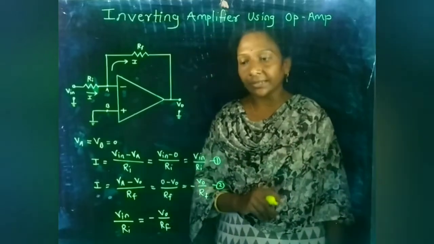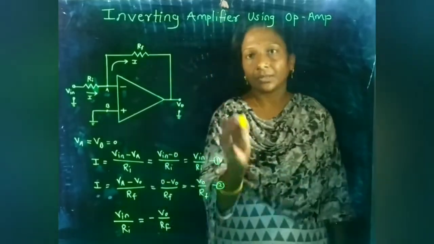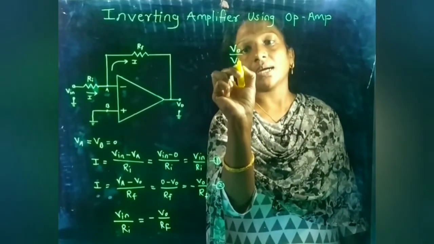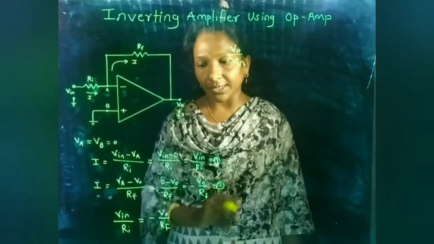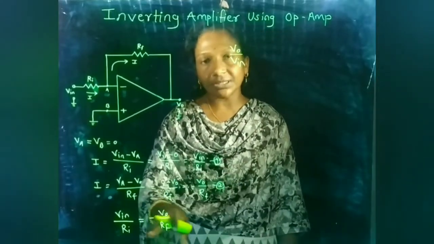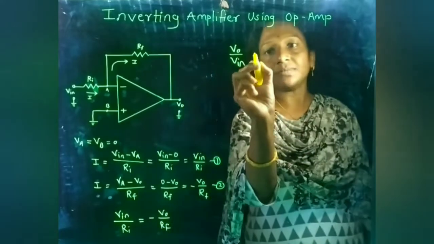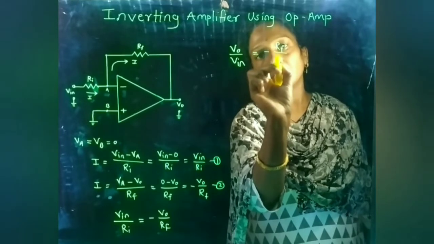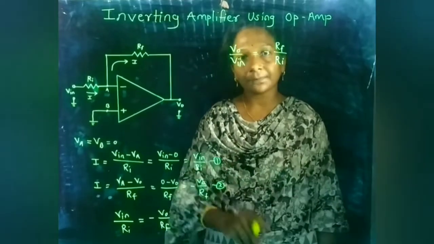Here we are interested in finding the closed loop voltage gain. That means V0 upon Vi. Closed loop voltage gain V0 upon Vi. Rearrange this equation and V0 upon Vi becomes minus Rf upon Ri.